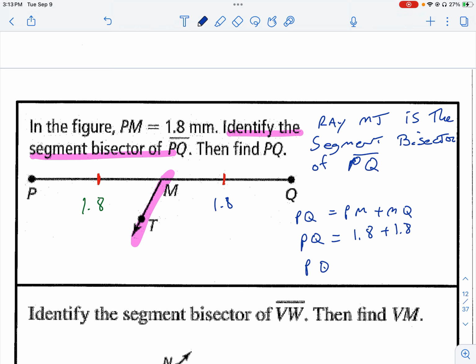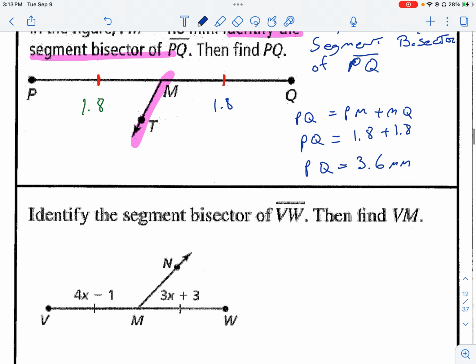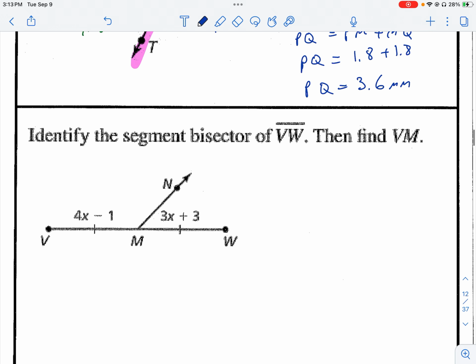So PQ is going to equal 3.6 millimeters. If that's what you get, great job. If not, keep working. We'll have lots of chances to review.